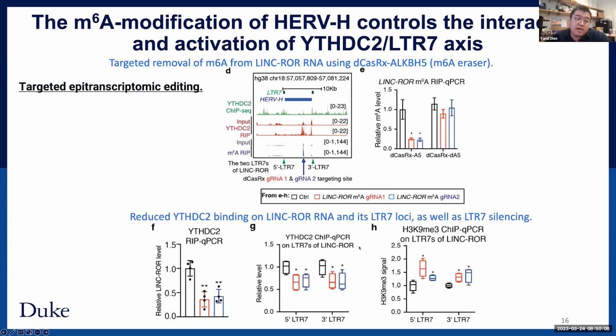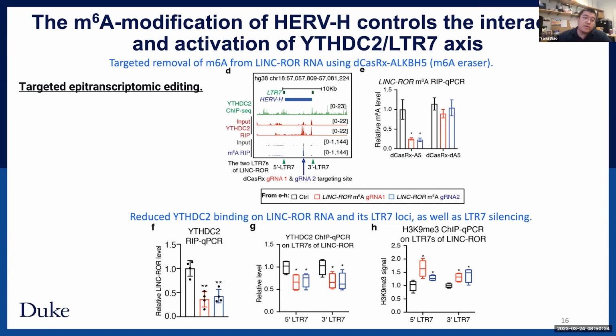After that, Tongyu did a ChIP-qPCR and a RIP-qPCR experiment, and he found that upon the removal of HERVH m6A modification, the binding of YTHDC2 on the HERVH sequence was reduced, and also the binding of YTHDC2 on the two LTR7 sequences that flank the HERVH coding sequence was reduced.